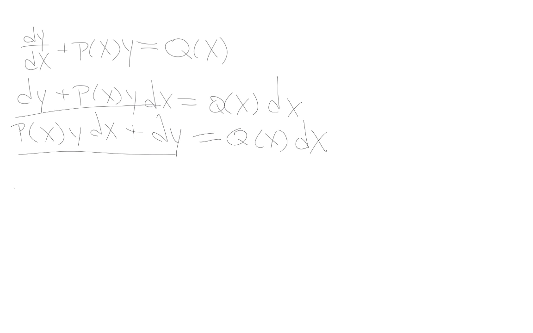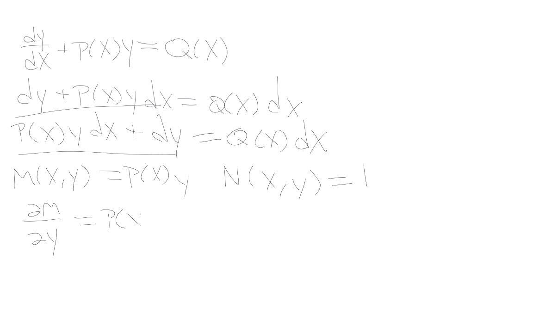If I said M(x,y) equals P(x) times y, and N(x,y) equals 1, well, partial M with respect to y would just be P(x), whereas partial N with respect to x would be 0.